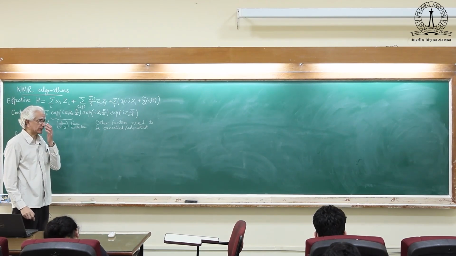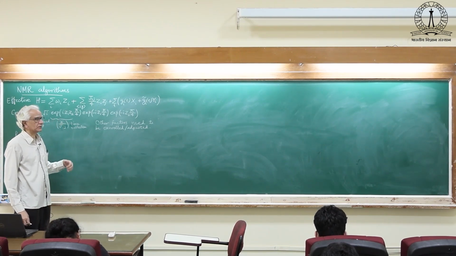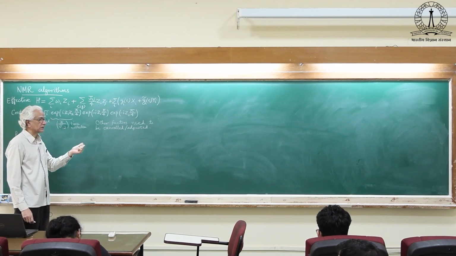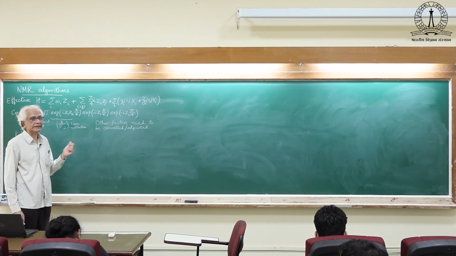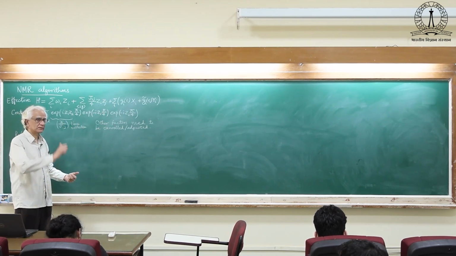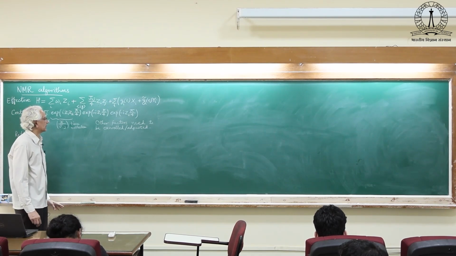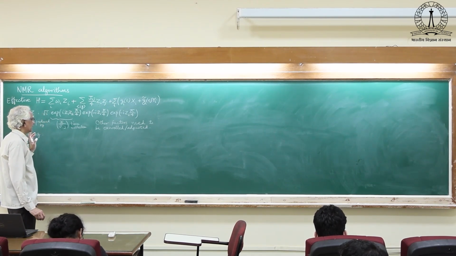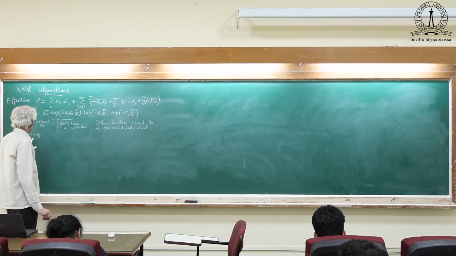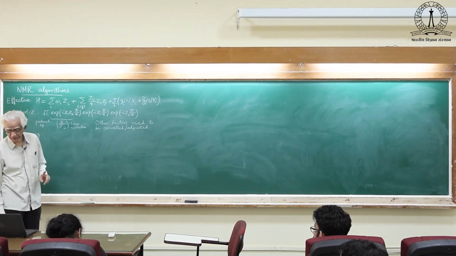What refocusing essentially does, it creates a transformation which goes effectively backward in time. So some factor is produced by time evolution, you reverse it and then it will cancel out. But that algebra needs to be worked out, and I will illustrate it by giving a particular example of how this refocusing is done.